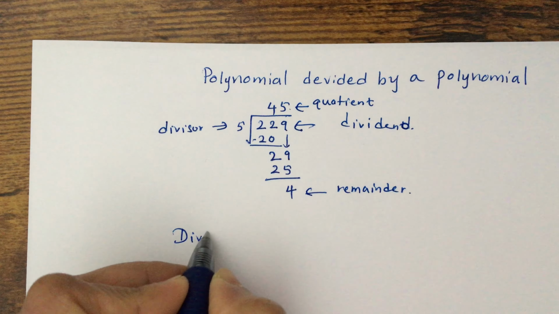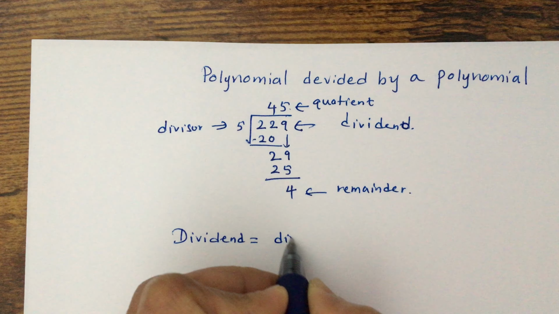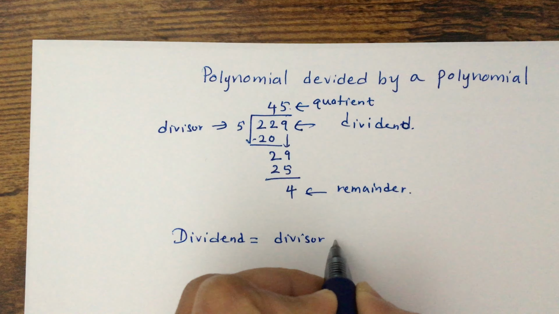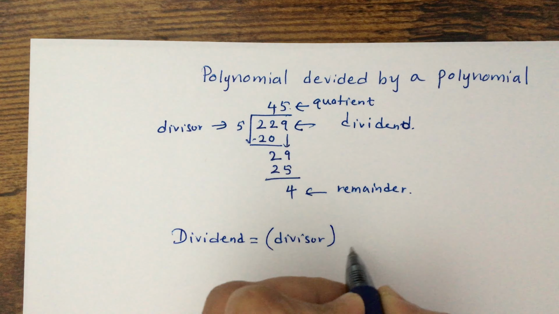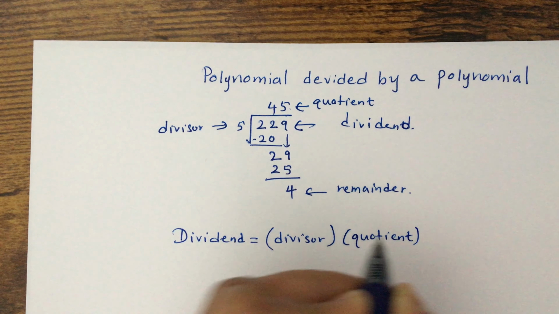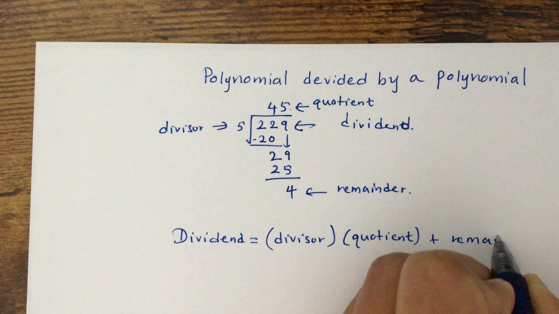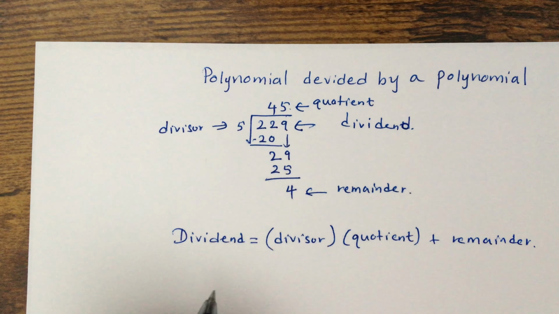Your dividend equals divisor times quotient, and then plus remainder, right?